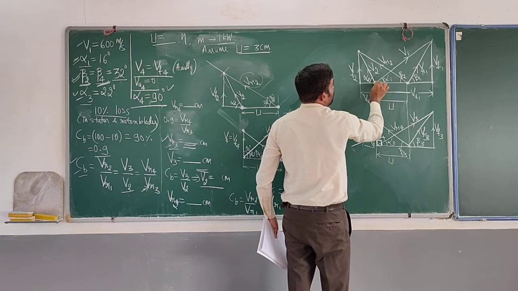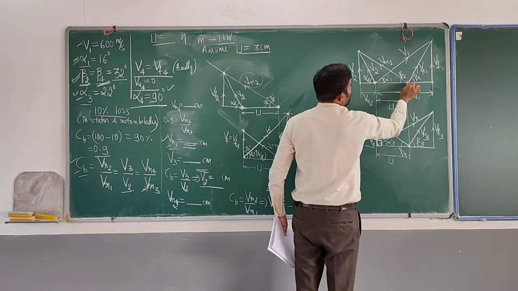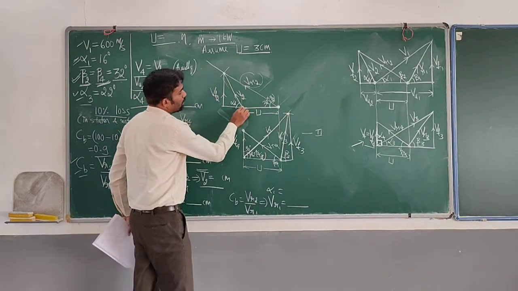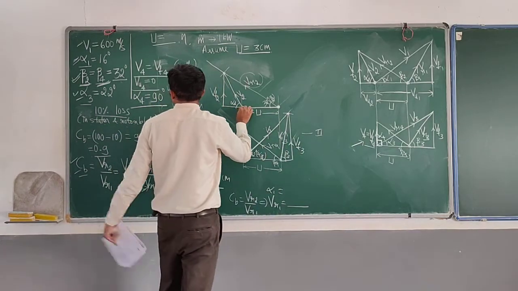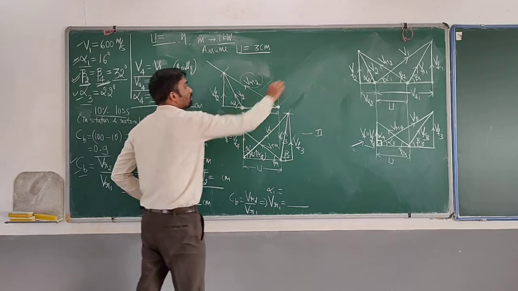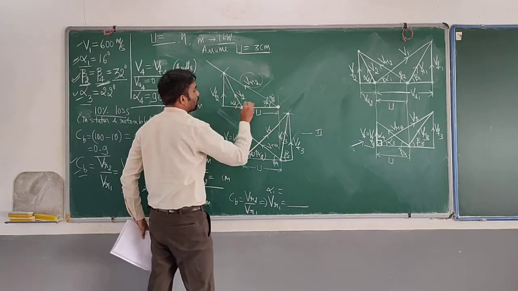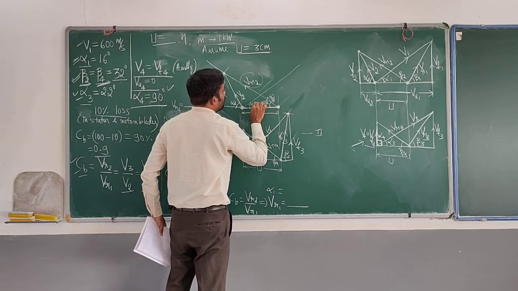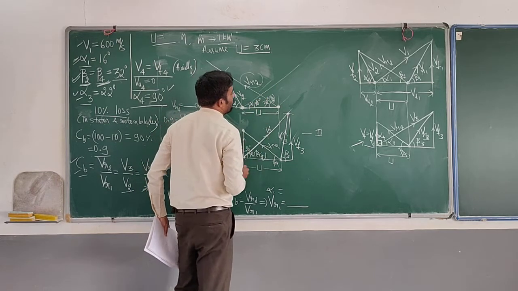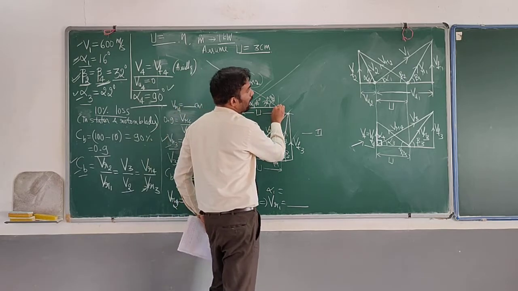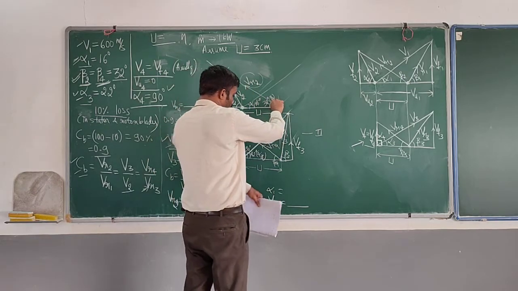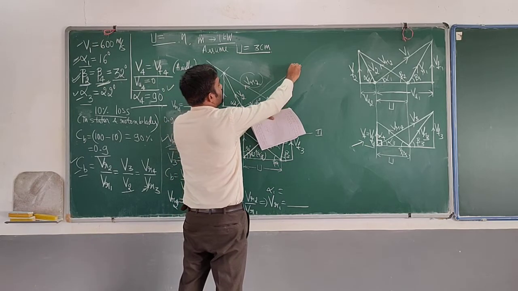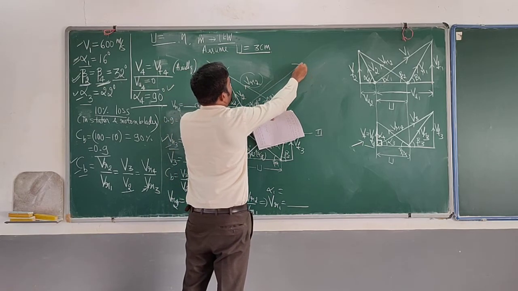Alpha 1 will start from this point and beta 1 will start from this point. Using the protractor you can draw an angle of 60 degrees towards the right side, a random length representing alpha 1. From this point I will take the compass length of VR1 and cut that length on this line.